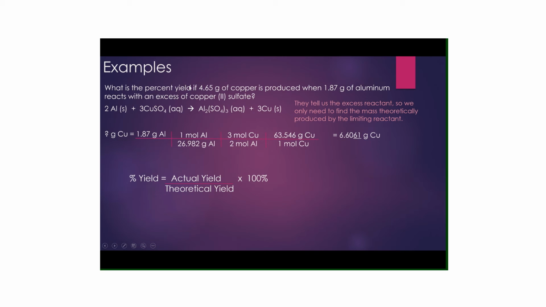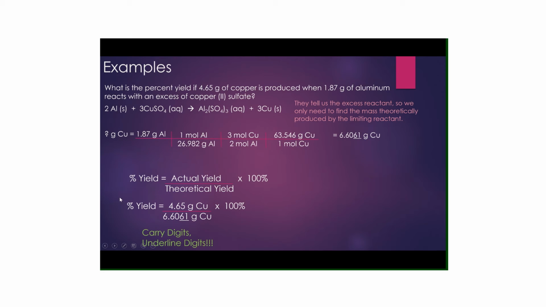We're going to look back up at the question. The question says we made 4.65 grams of copper. So we can plug that 4.65 in, divide it by the theoretical 6.6061 grams of copper, multiply it by 100%. Don't forget to carry digits and underline digits, even though they aren't significant.